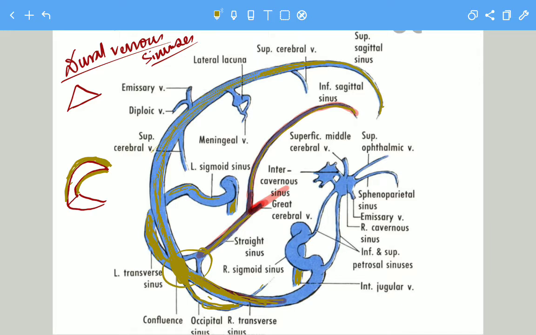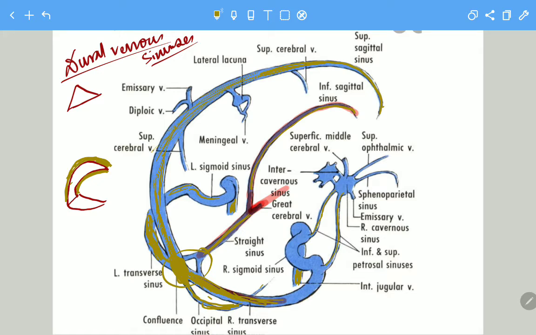Apart from that, there is another deep sinus which is called the cavernous sinus. This cavernous sinus lies lateral to the body of the sphenoid bone. It receives blood from the superficial middle cerebral vein and drains into the internal jugular vein via the inferior petrosal sinus, where I am putting the mark, and also the transverse sinus via the superior petrosal sinus.